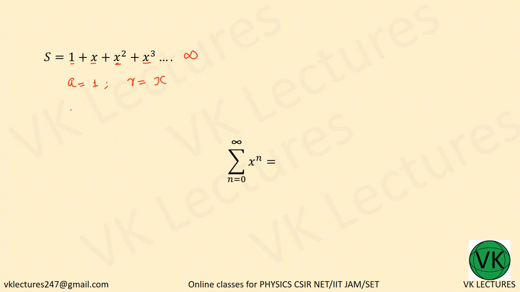So immediately we can write S infinity is equal to a divided by 1 minus r. And a is the first term, 1. So 1 divided by 1 minus x is the S infinity. Now we have seen this is for mod x less than 1.